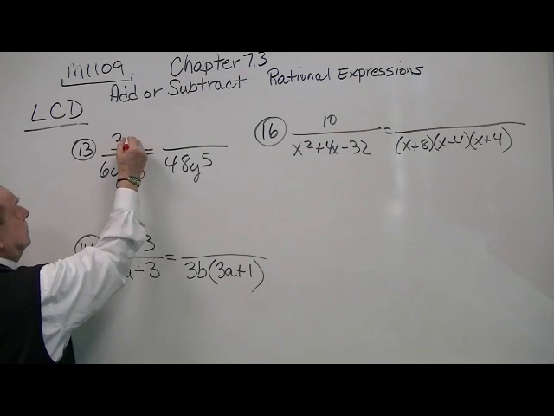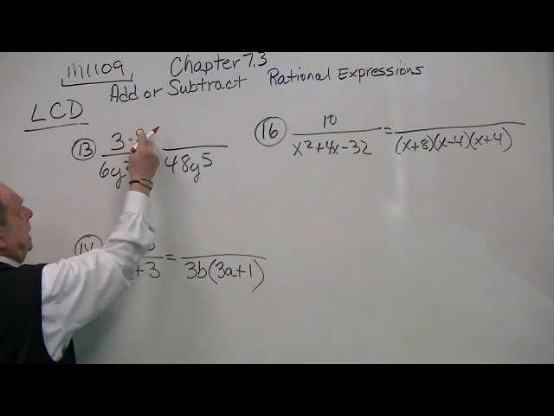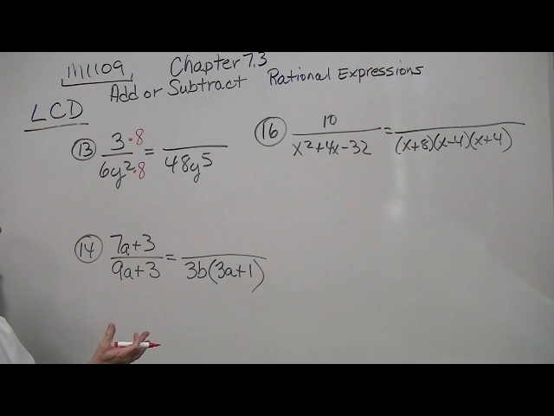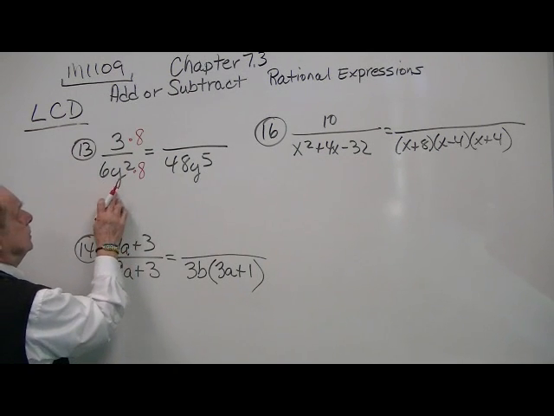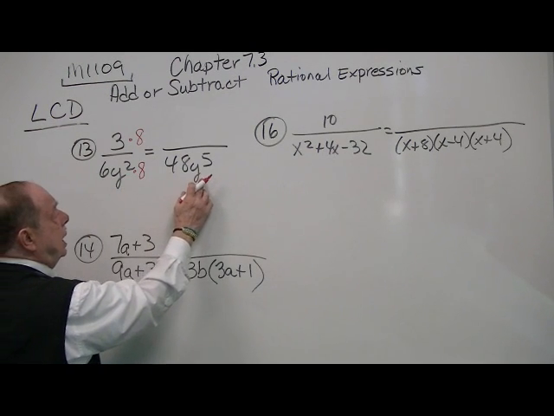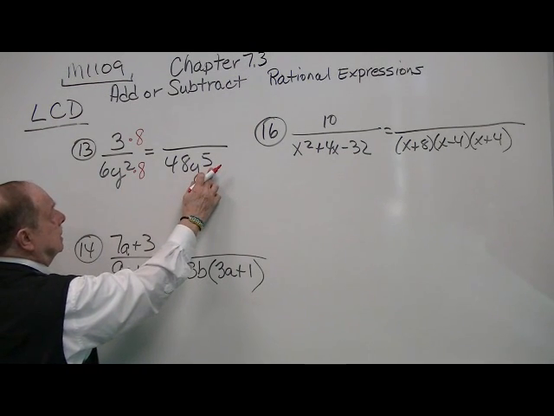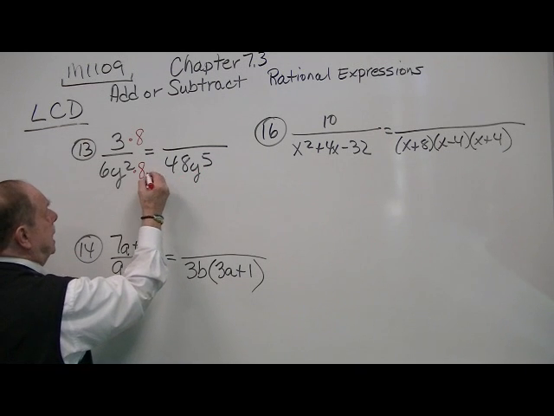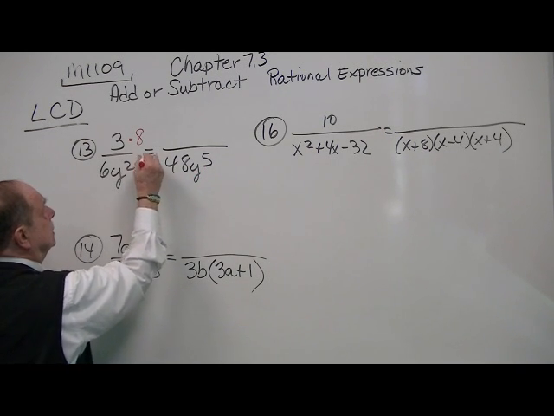If I do that, I have to do the top by 8. 8 over 8 is 1. Now, what do I have to do to this y to the 2nd to make it y to the 5th? Multiply it by y to the 3rd.